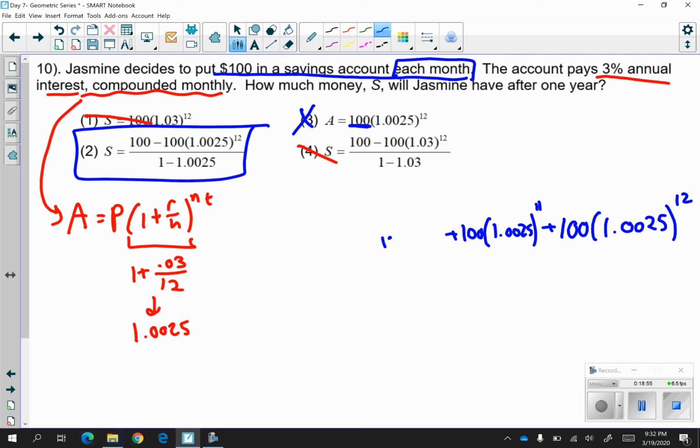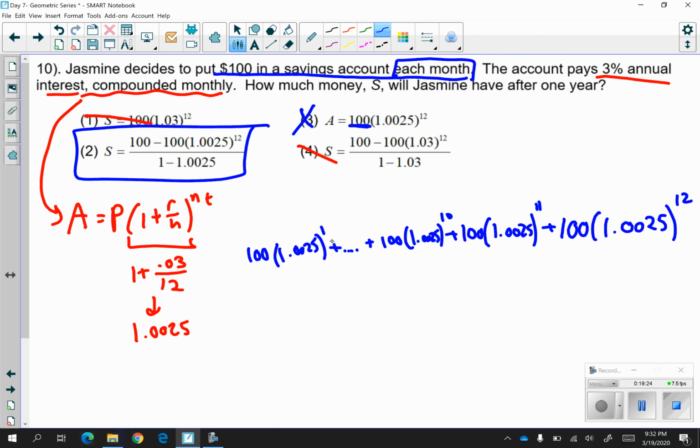If you go and put $100 in March, you're going to get 10 months worth of interest on it, right? And you're going to keep on going until you input another $100 in December. And in December, that's the very last month, so you're only going to get interest on that for the month of December.